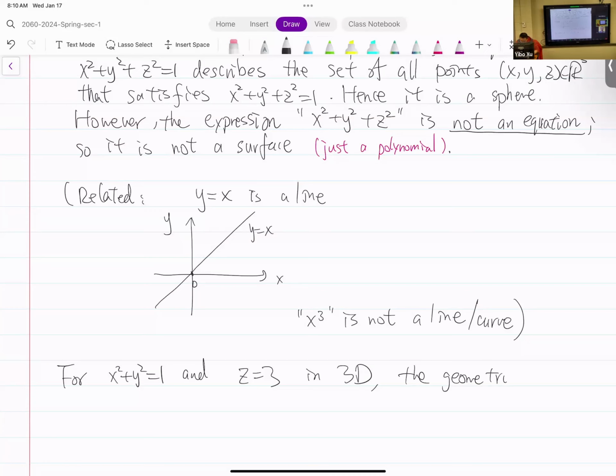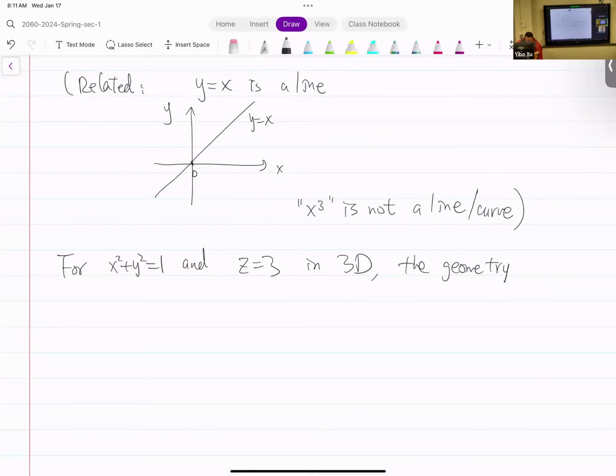If you think about it, x squared plus y squared equals 1 is actually like a circle in the xy plane, right? But now we're saying, okay, z value must be 3. So z value is essentially the height of the object in the 3-dimensional space.